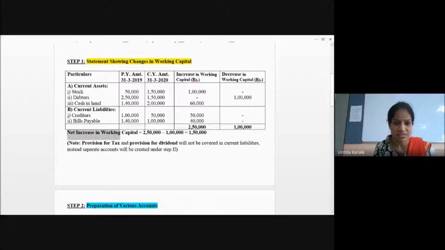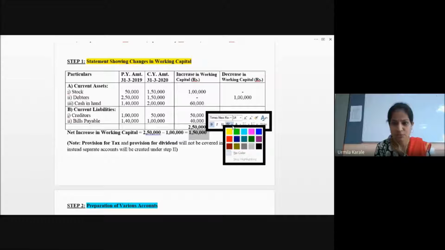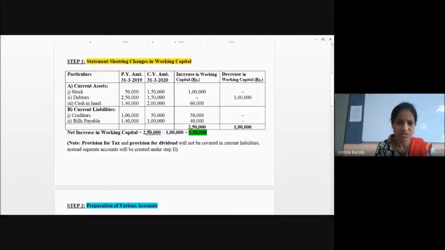Where is this net increase going to go? This amount is going to the application side of fund flow. I'm showing this in green because we are going to write this in the fund flow application side. All the amounts which are going to the fund flow, I'm showing with the green mark.